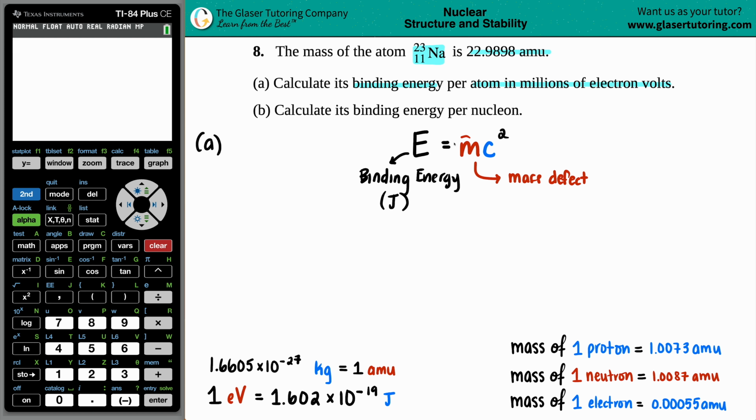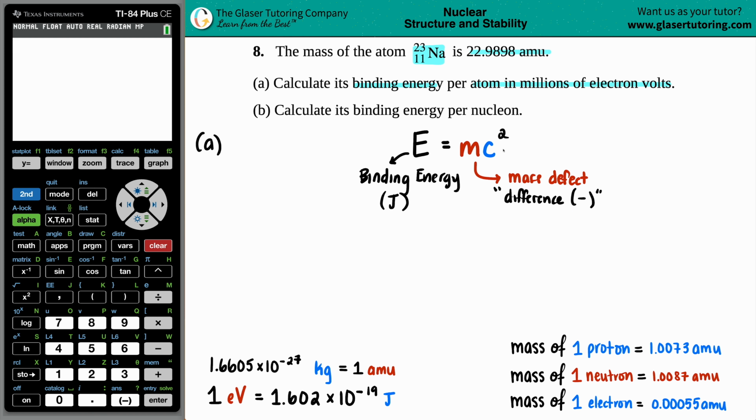That's why this mass represents the defect. The defect is the difference, so literally a subtraction between the theoretical value and the actual mass.